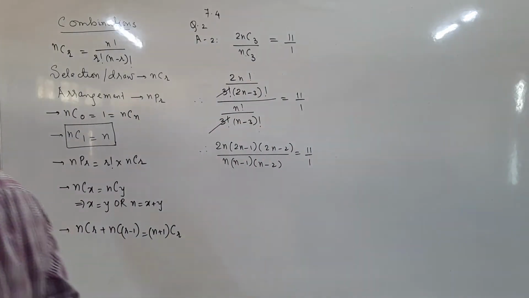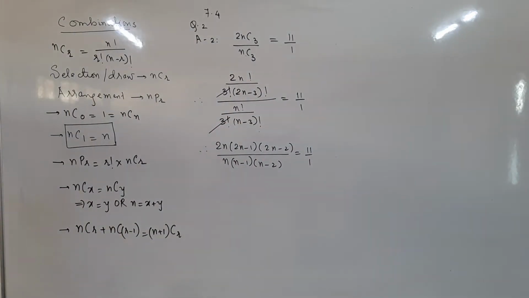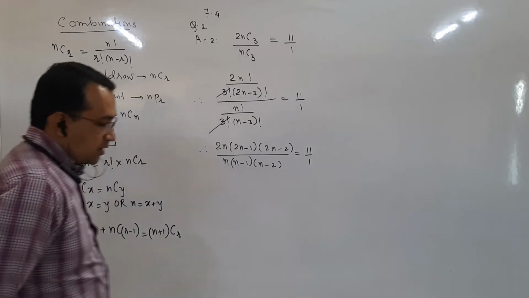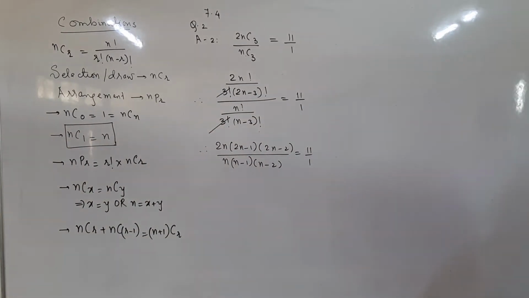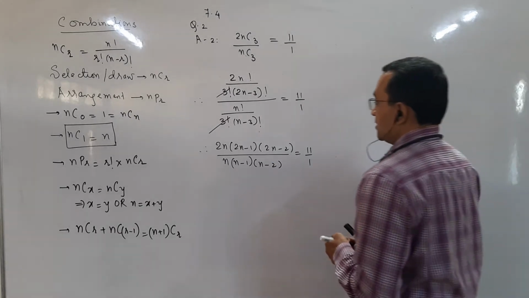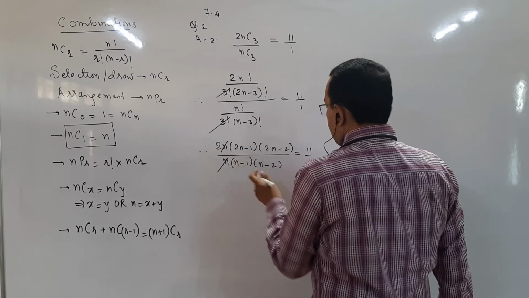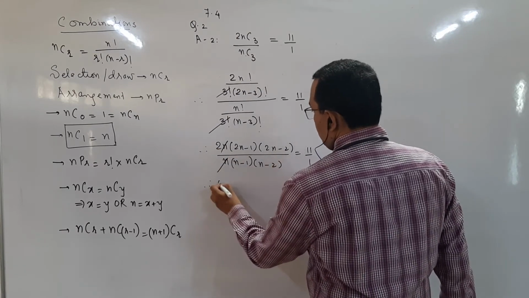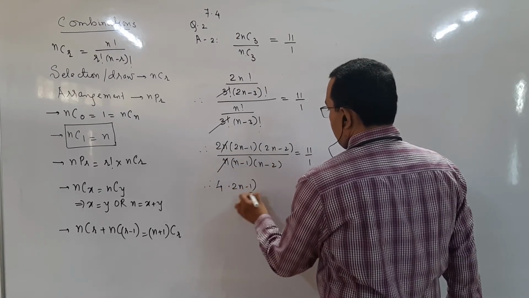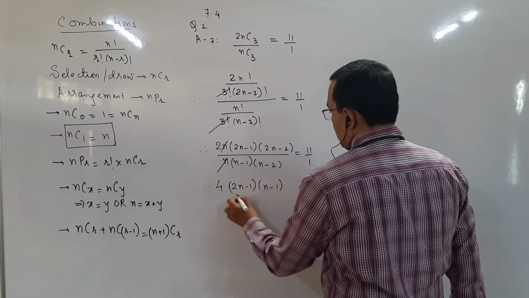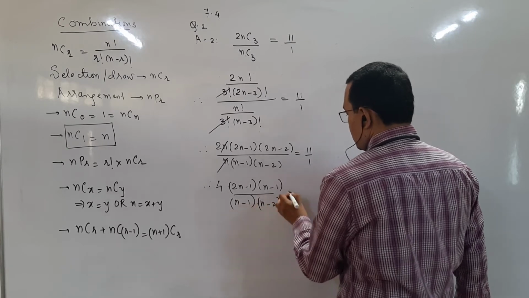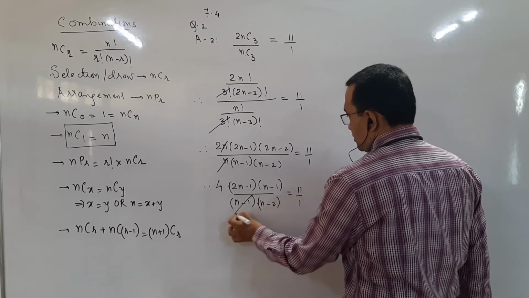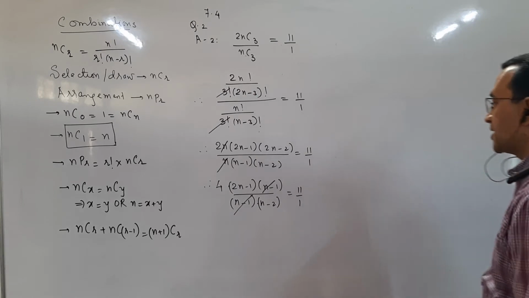What we adopt is that we simplify the higher factorial term and reduce it up to the lower factorial term and get it cancelled. First of all, n and n cancelled, take 2 common here, so we will get 4 into twice n minus 1 into n minus 1 upon n minus 1 into n minus 2, and that is 11 is to 1, so n minus 1 gets cancelled.